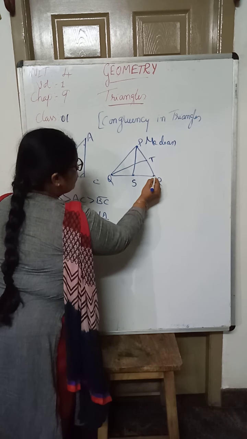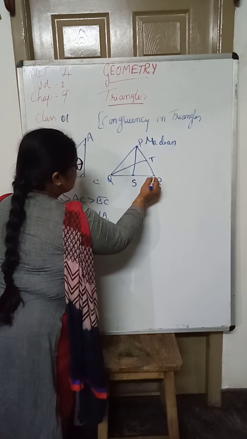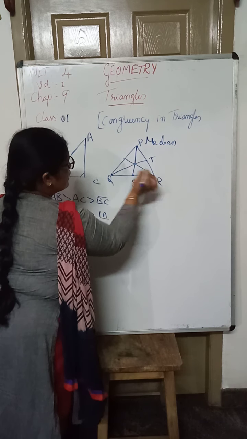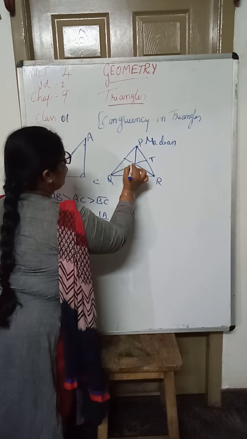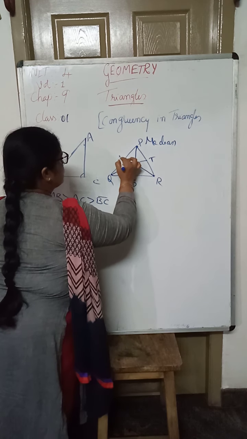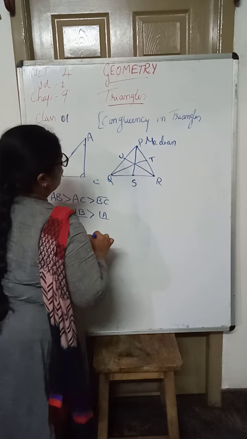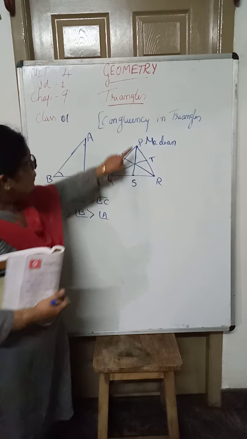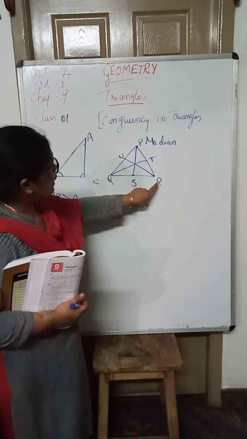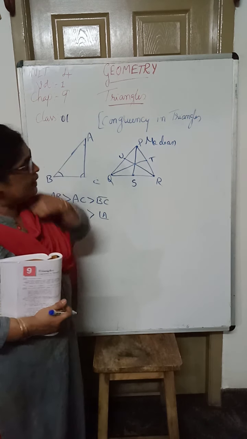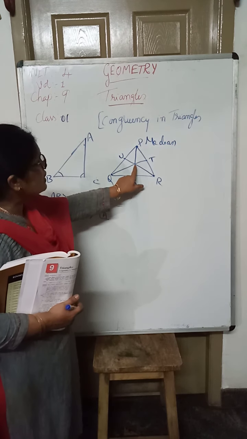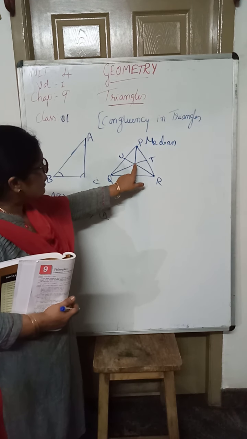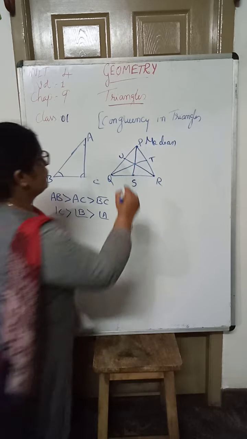Let us take one more median from R. This is from vertex R and it reaches the midpoint of QP. Let us call it U. Now PS, QT, RU are the medians which pass through the same point, and that point is said to be the centroid.